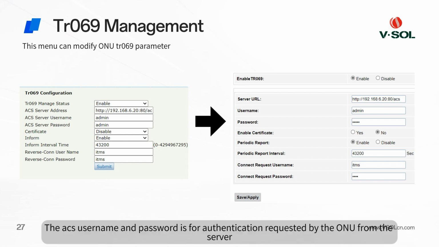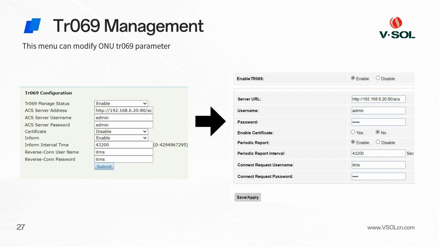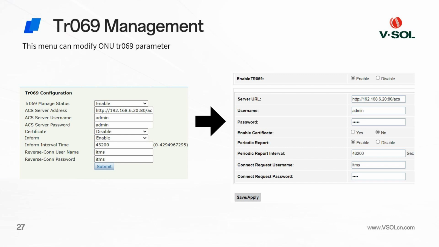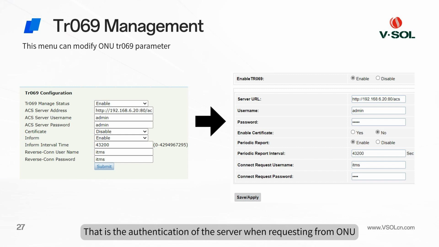The ACS username and password are for authentication requested by the ONU from the server. Then input the reverse connection username and password. That is the authentication of the server when requesting from the ONU. If you need the ONU to send an inform request to the server at intervals, you can enable the inform and input the inform interval time you want.